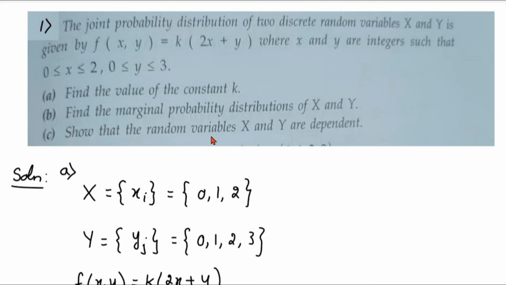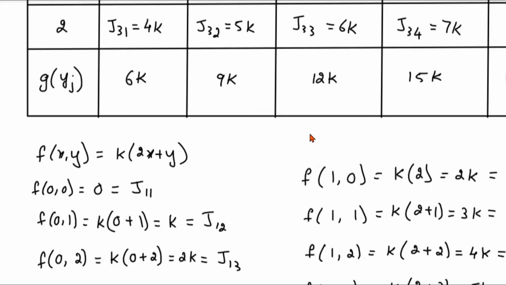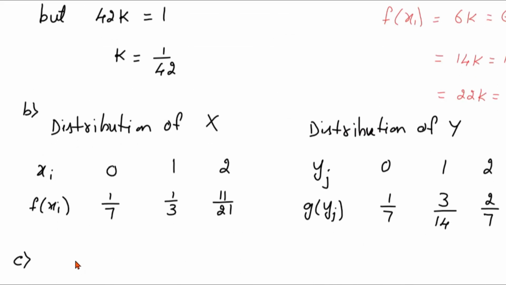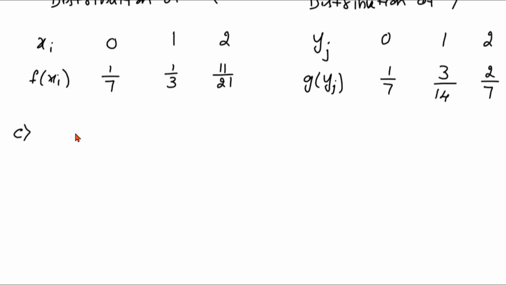Show that the random variables x and y are dependent. That's the last bit I need to show. To show that the random variables are dependent, you should check the product of f of xi and g of yj. You need to just compare those values of gij with f of xi and g of yj values.